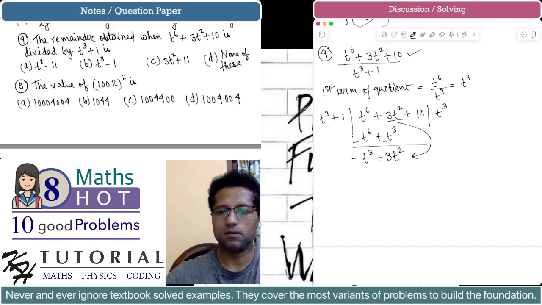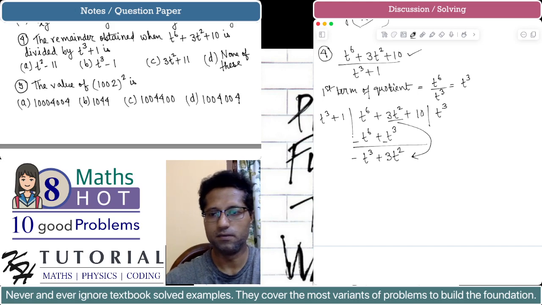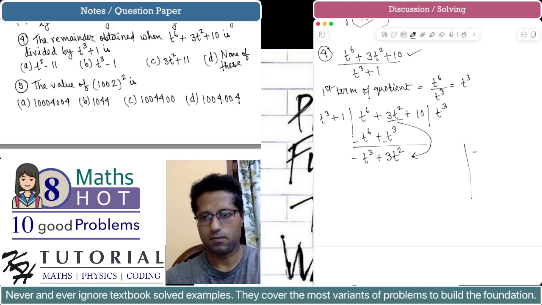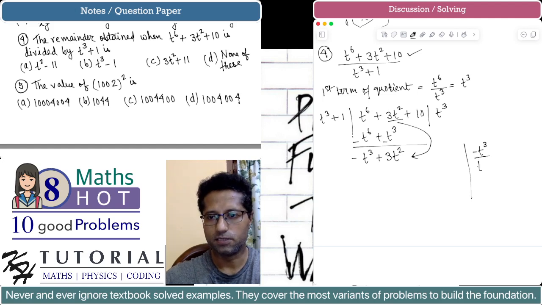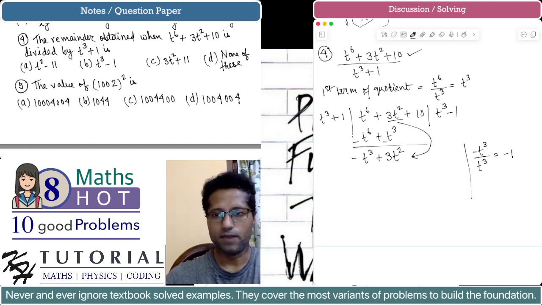Okay. Now the next term of the quotient will be the first term of the dividend, that is minus t cube, divided by the first term of the divisor, that is t cube, which is equal to minus 1. So minus 1 will be the next term in the quotient. When we multiply minus 1 with the divisor, we get minus t cube minus 1.